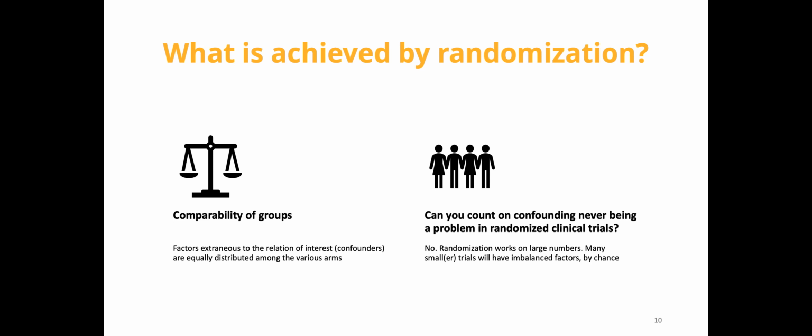So we would have confounding if, for example, the average age in the intervention group was 40 years of age and the average age in the control group was something like 65 years of age. Age is a confounder, and because there's an unequal distribution of age, or patients of a younger and older age, between the intervention and control groups, then confounding is occurring.